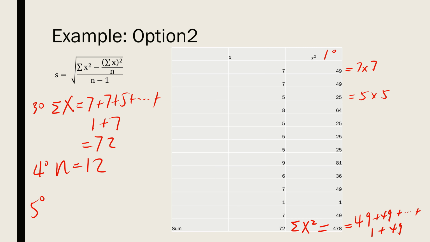In the last step, we can use the formula here to calculate the standard deviation, which equals the summation of x squared, which is 478, subtract 72 squared divided by sample size 12, and divide by 12 minus 1.